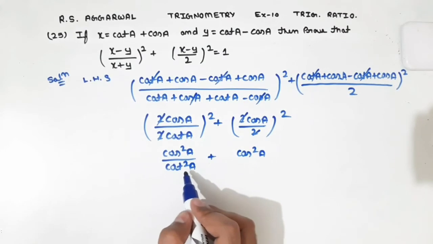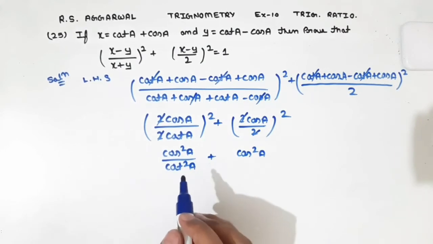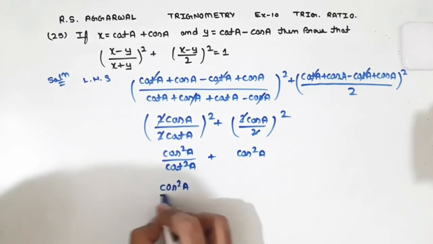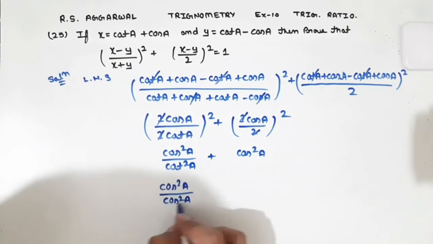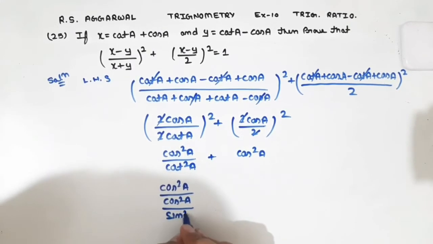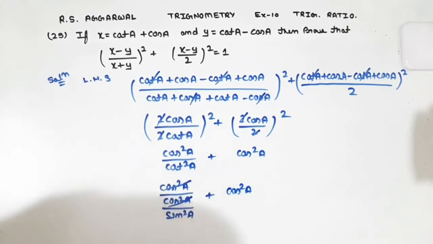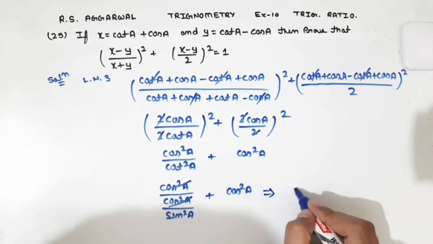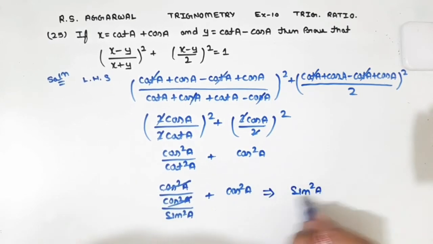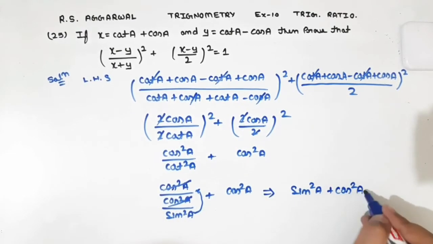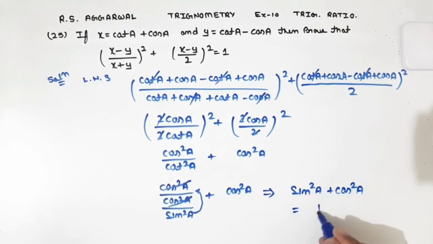Cot square A can be written as cos square A upon sin square A. So this will be cos square A upon cos square A upon sin square A plus cos square A. Cos square A will be cancelled out. So sin square A will go up there. So this will become sin square A plus cos square A. Sin square A plus cos square A will be equal to 1.